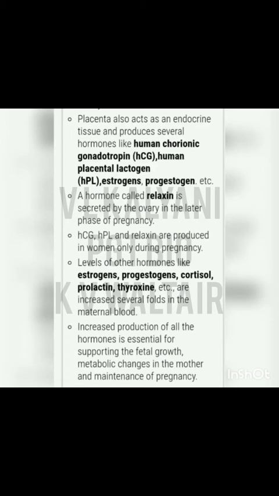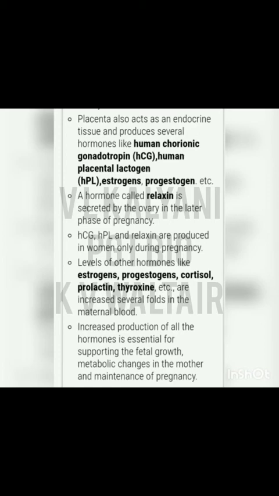Then next, children, the placenta also acts like an endocrine tissue. What is the function of endocrine tissue? You know that they produce or secrete hormones. So different hormones will be secreted during pregnancy by the placenta. One is human chorionic gonadotropin, that is HCG.